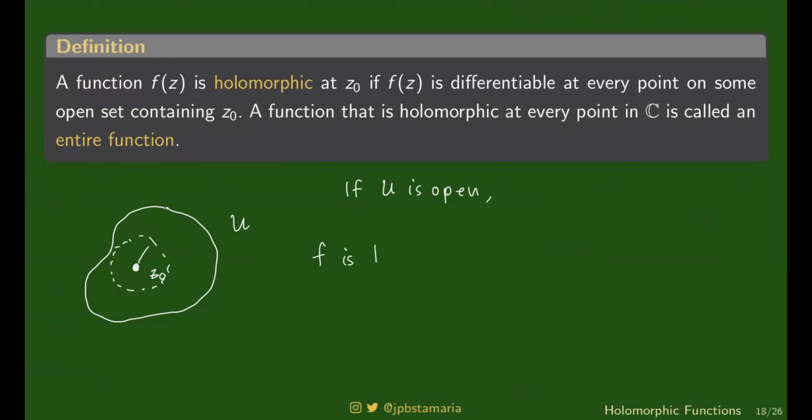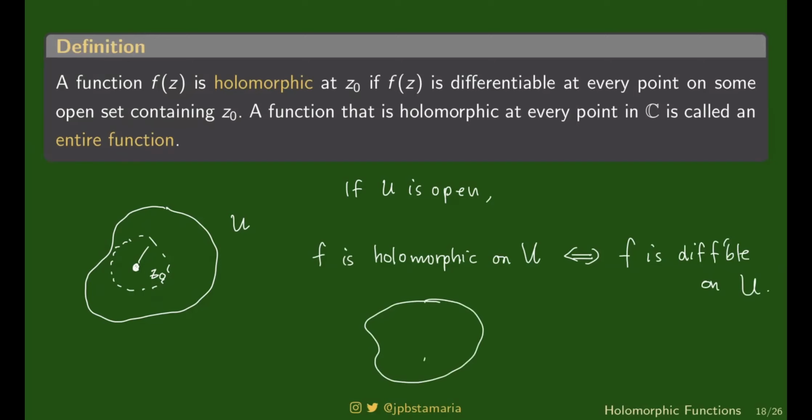F is holomorphic on U if and only if f is differentiable on U. Wala talaga silang pinagkaiba kapag sets ang pinag-uusapan. Pag open set ang pinag-uusapan. Kasi kapag holomorphic ka on U, laging true na differentiable ka. Diba? Kailangan kasi kapag holomorphic ka, dapat differentiable ka doon sa gitna. Pero yung converse ang hindi laging totoo.